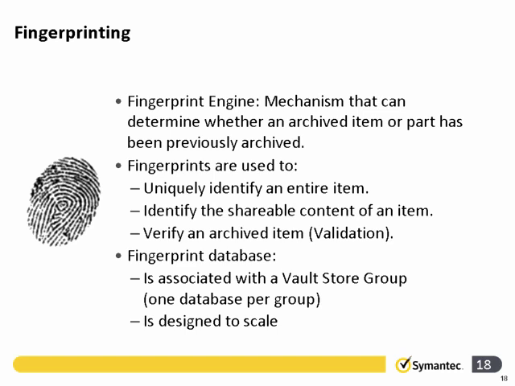I can then take that one instance of the database and roll it over 32,000 times, which means I can ultimately end up with 32 quadrillion fingerprints. That's usually going to be good enough for most environments. However, if you need bigger than that, you just create additional vault store groups, and you'll have a separate fingerprint database for each vault store group.